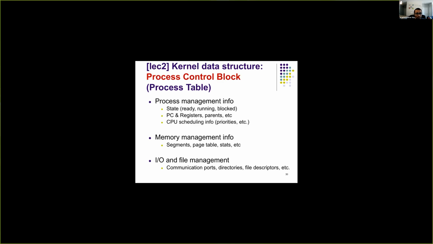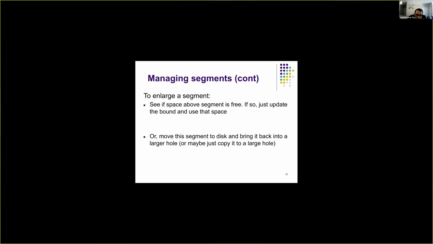As I mentioned before, we store all the segmentation info, the segment table, in the memory management info of the process control block. The operating system can provide various operations in managing segments. For instance, a process can ask to increase the size of a segment, in which case there are multiple options.